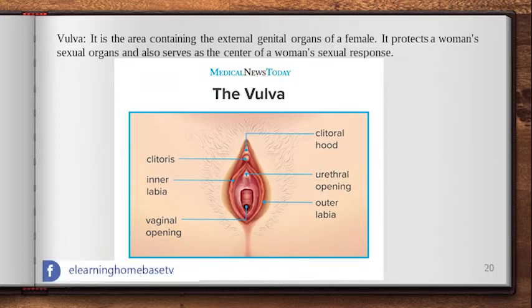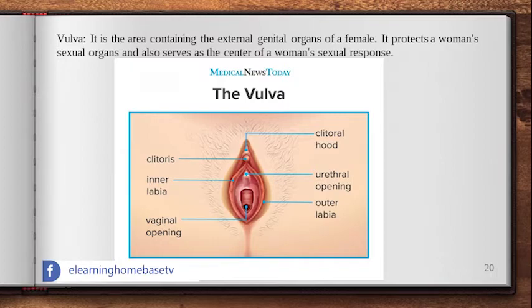It protects a woman's sexual organs and also serves as the center of a woman's sexual response. The picture in your view, the entire structure is what we call the vulva.